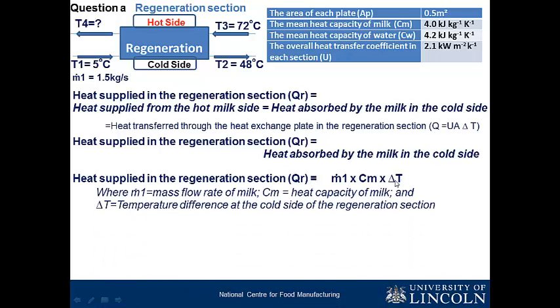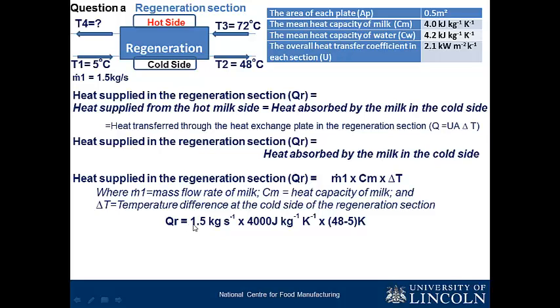By the time you put in the values, because I know the temperature difference to be 48 minus 5, you will discover that our QR equals 1.5 kilogram per second multiplied by 4,000 joule per kilogram per Kelvin, because I want to have my final solution in SI unit.